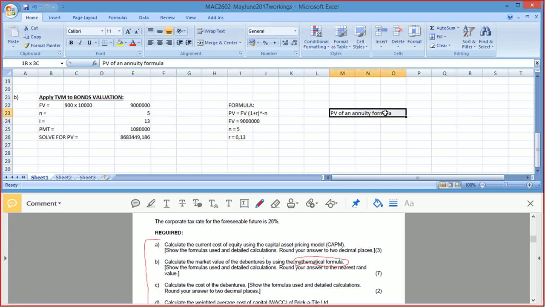Okay, and then with your present value of the annuity formula, you'd have to do the same thing there. So your PMT is 1080000. Your N is 5, and your R is 0.13. Okay, see, it's the same thing, and then you plug that into your calculator.